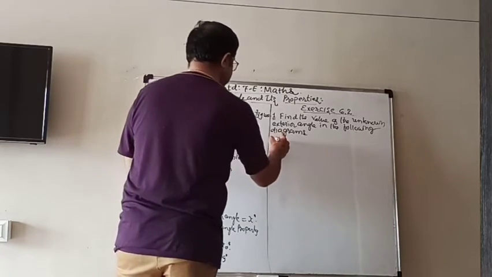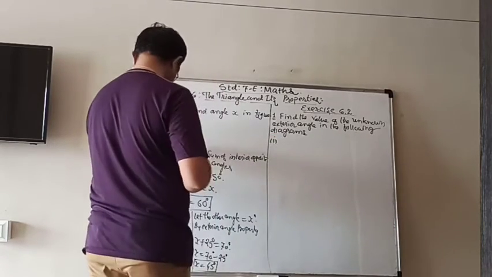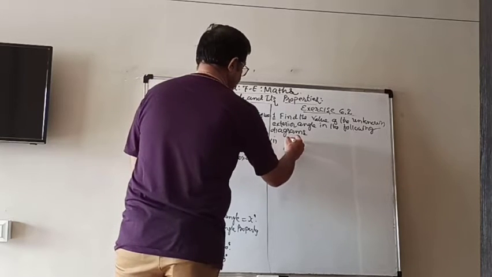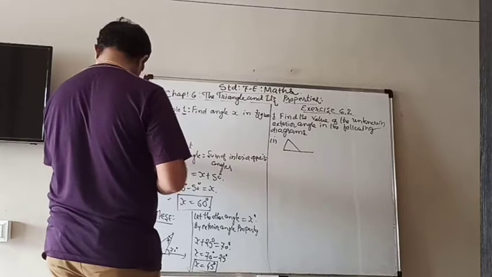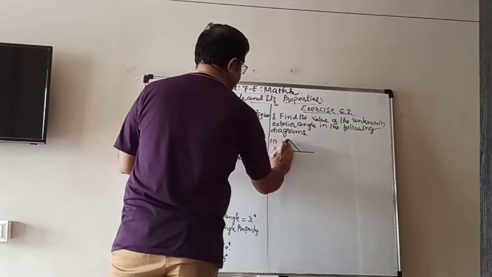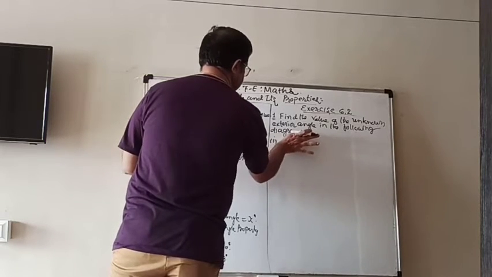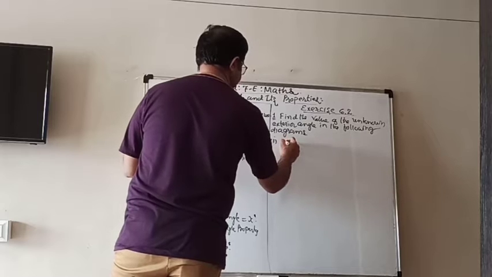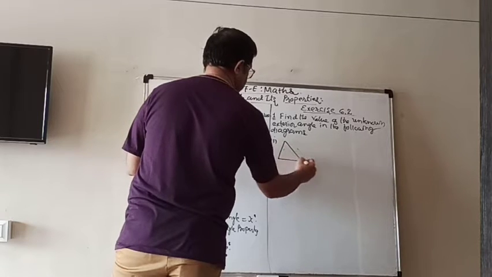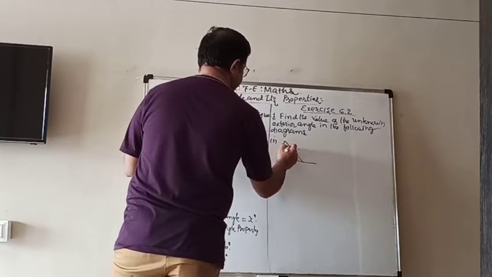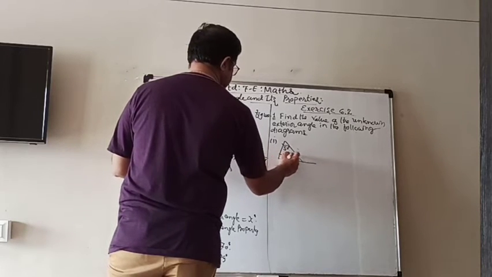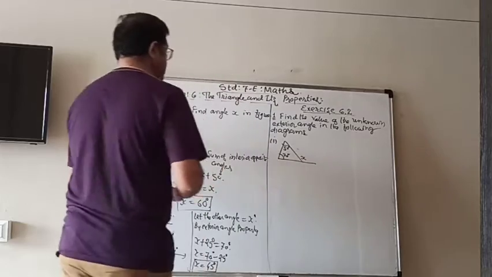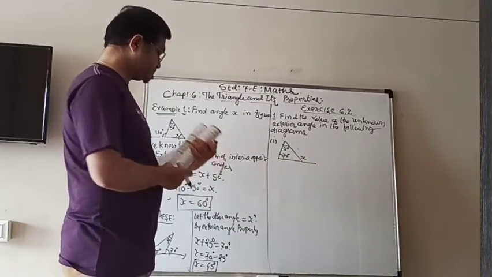Let's take the first one. In the first one, the figure is like that. This angle is 50 degree. Let me draw a little bigger. This angle is 50 degree. The downward angle is 70 degree, and we have to find the value of x.